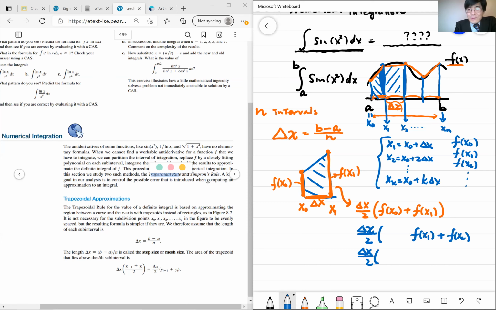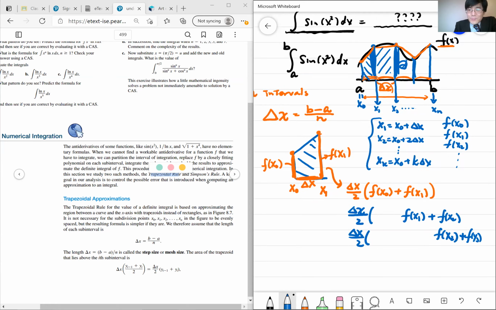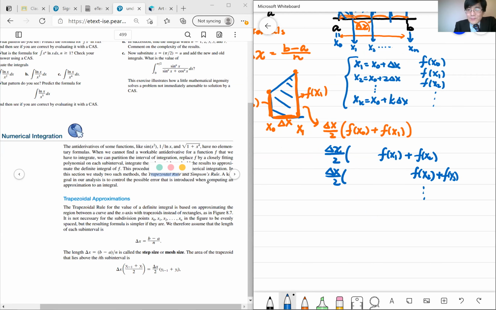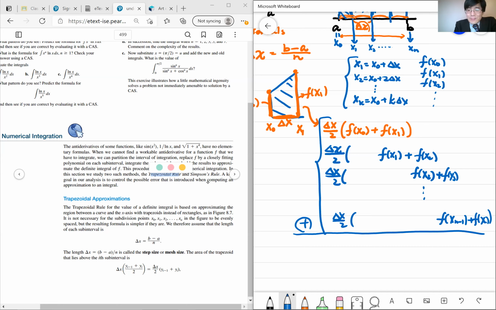Likewise, for the third trapezoid, it's basically the same, but the upper base is going to be f of x2 and the right one is going to be f of x3. If you repeat this for n trapezoids, the last one will be f of xn minus 1 plus f of xn. Adding those together, factor out delta x over 2.